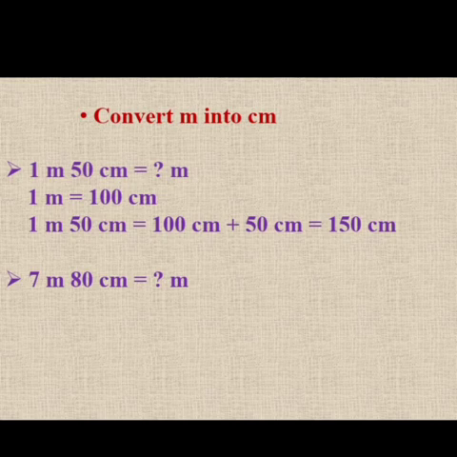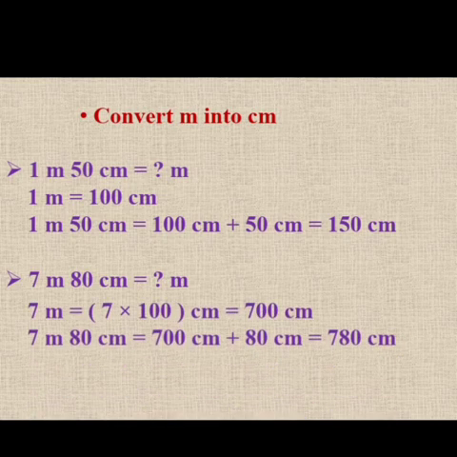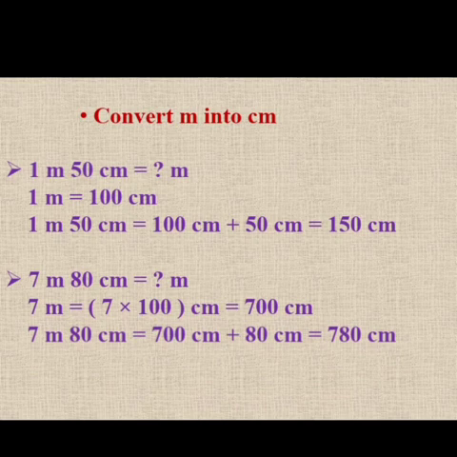Next, we have to convert 7 meter 80 centimeter into centimeter. As you all know that 1 meter is equal to 100 centimeter. Therefore, 7 meter is equal to 7 multiplied by 100 centimeter. So, if you multiply 7 by 100, you will get 700 centimeter. That means 7 meter is equal to 700 centimeter.